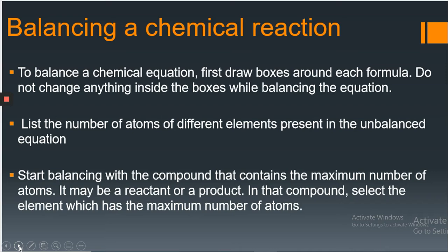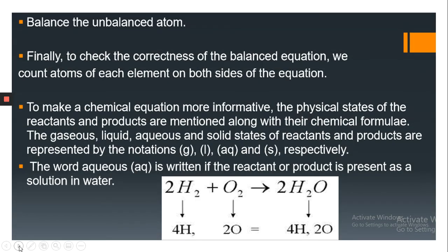It may be a reactant or a product. In that compound, select the element which has the maximum number of atoms. Now balance the unbalanced atoms. Finally, to check the correctness of the balanced equation, we count the atoms of each and every element on both sides of the equation.